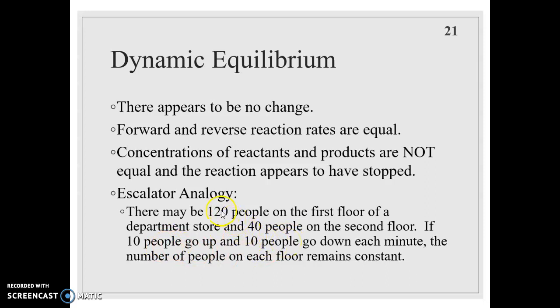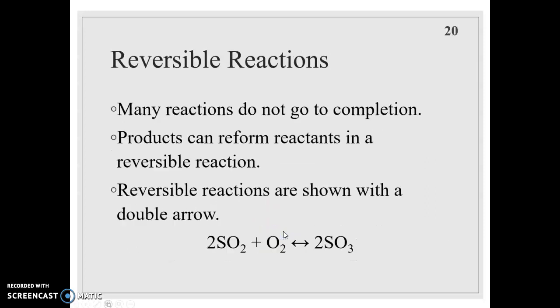The number of people on the top floor and the bottom floor will remain the same as long as the rate of exchange between the two is the same. That's sort of like this chemical reaction, where the reactants are forming product at the same rate as the product is forming reactants.